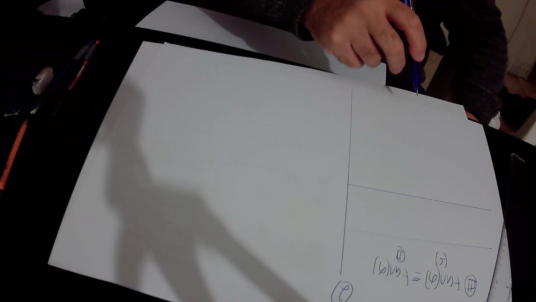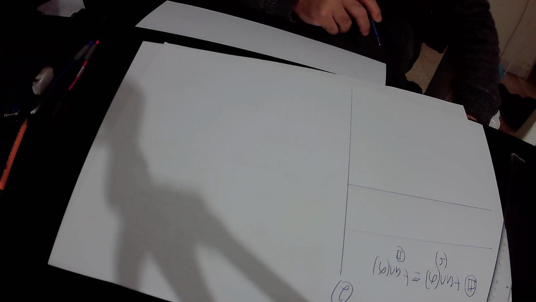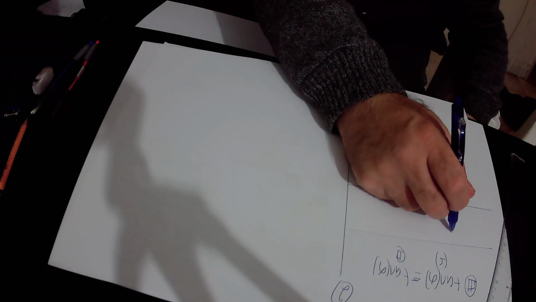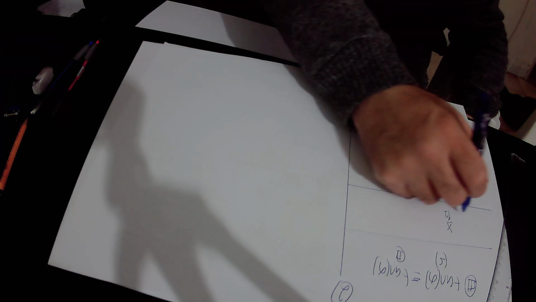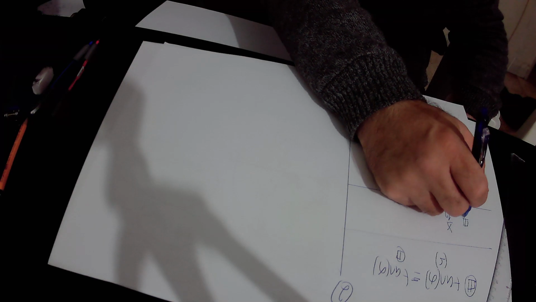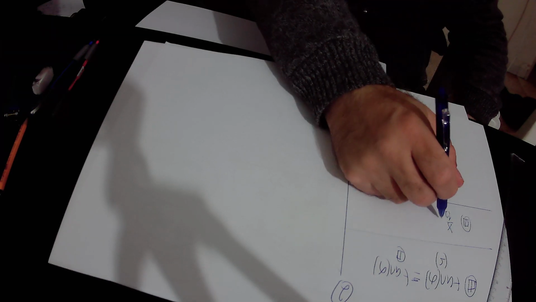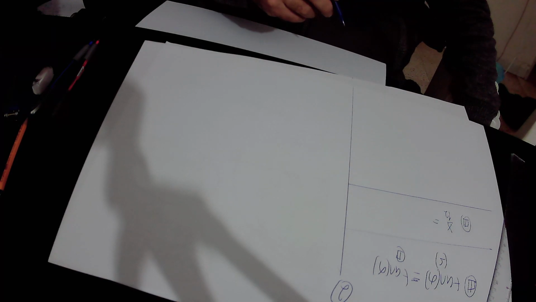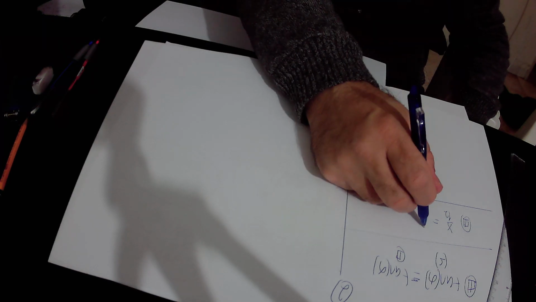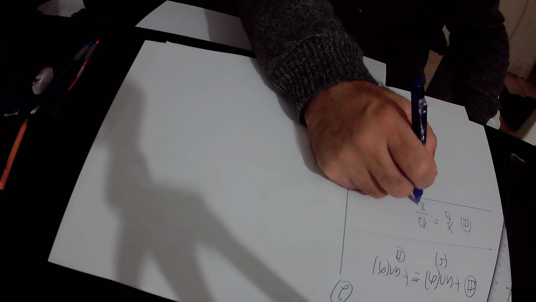So tangent alpha according to equation number 1 is equal to x over 12, and it must be equal to tangent alpha according to equation number 2. That is actually equal to 12 over x plus 7.